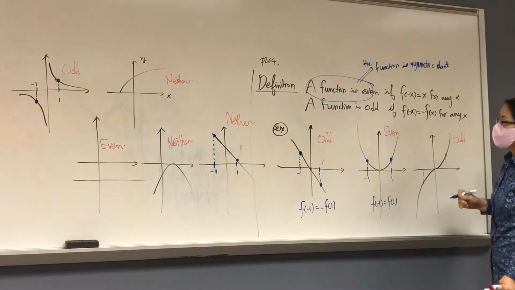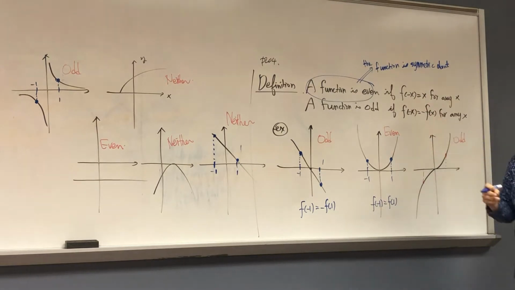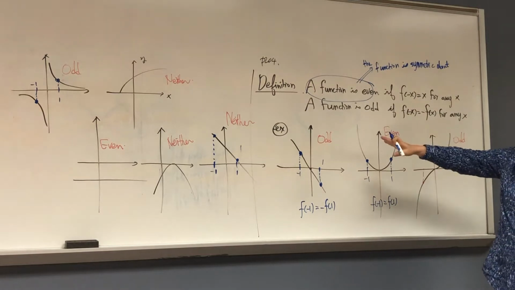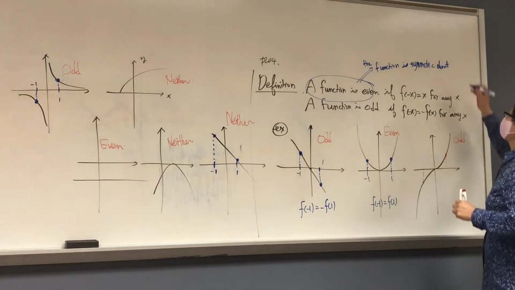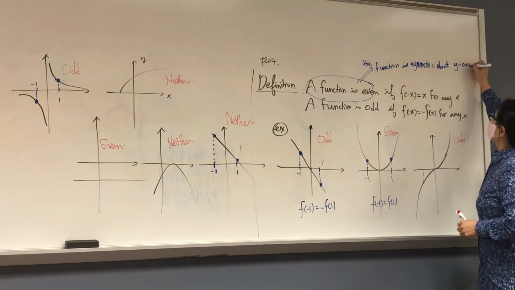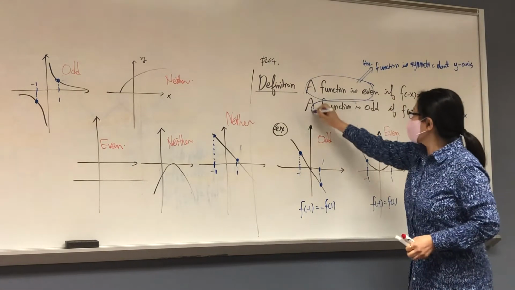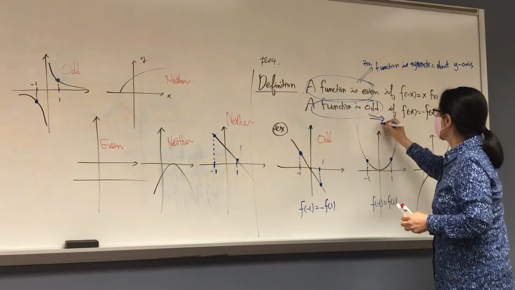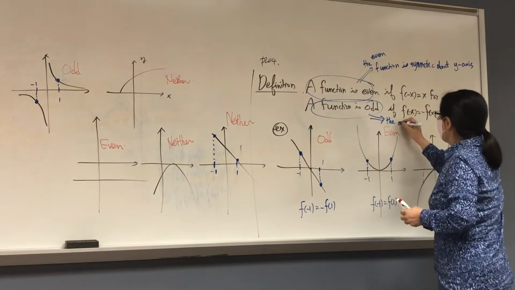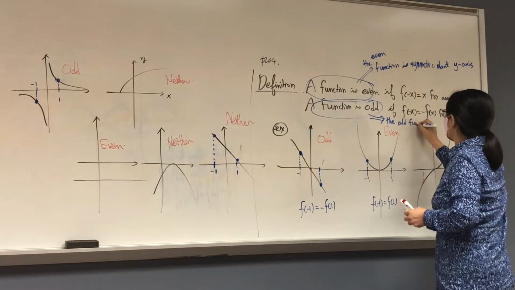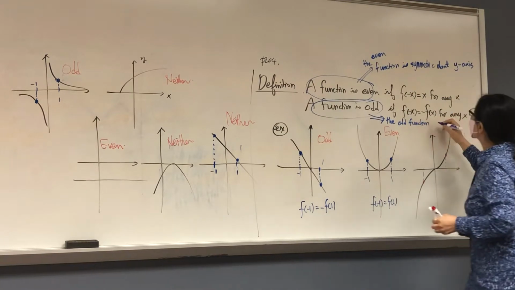Your answer, even case is symmetric about what? The y-axis. Good. Very good. How about the odd function? From the graph, you know the result. The odd function is symmetric about what? The x-axis.